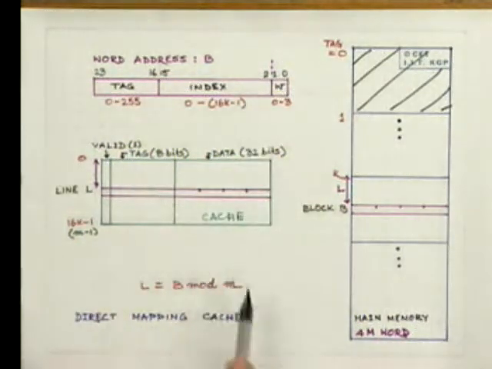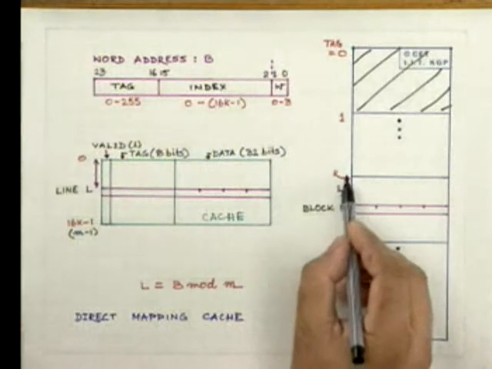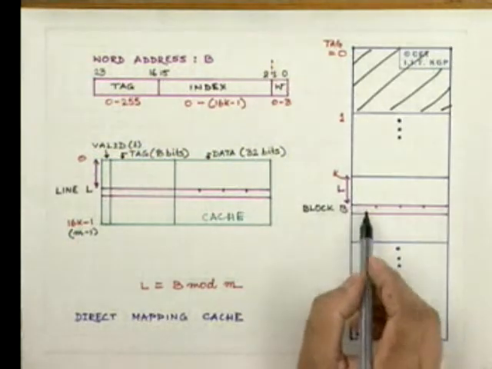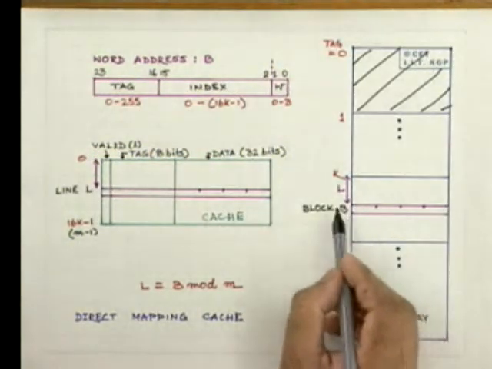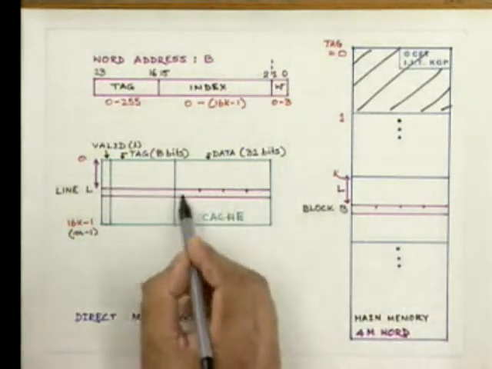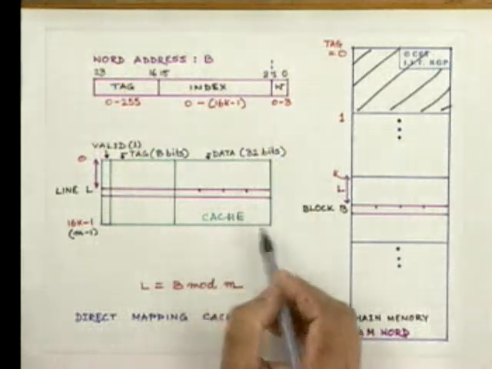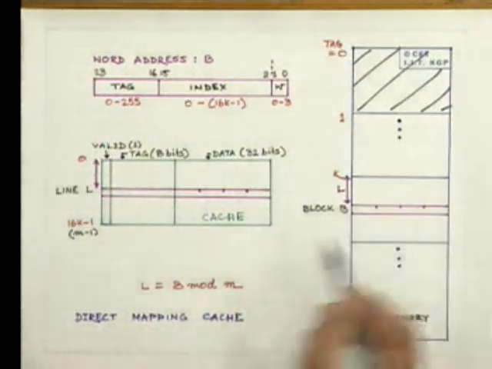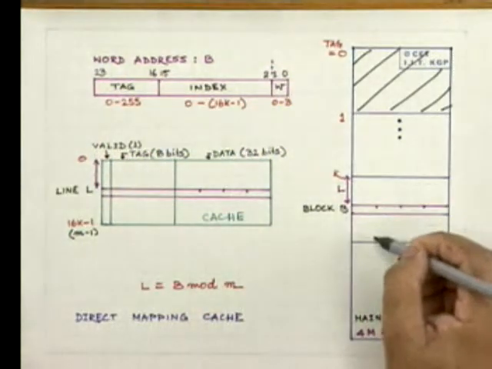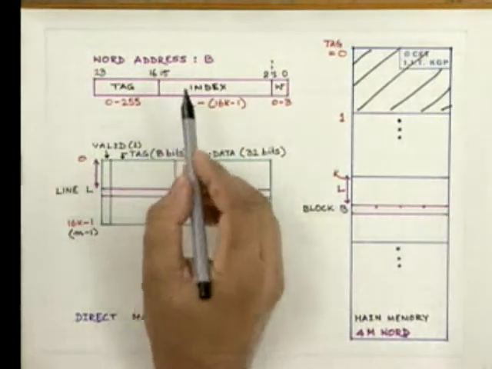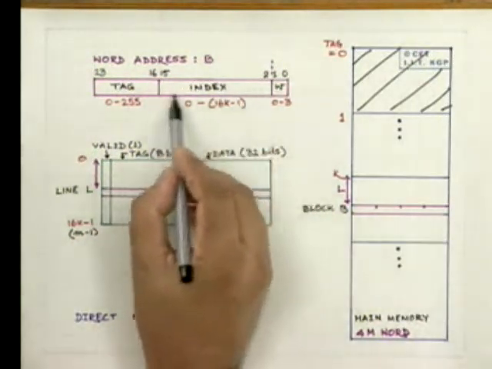Now, when I say that this is the mapping, that means B mod M, then this offset L determines that this particular block will be mapped into this cache, where this cache size we keep same as this segment size. That means this is the segment size determined by the number of bits over to here.